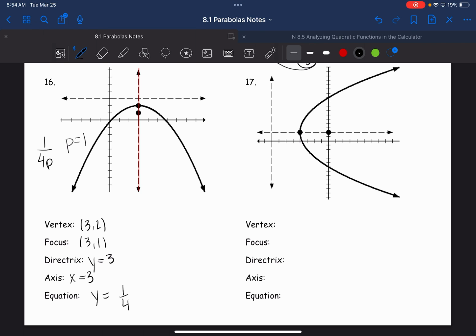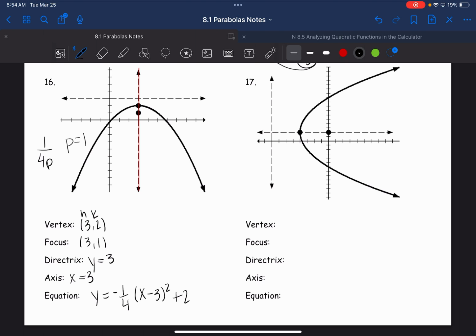Has it been reflected? Yes. So it would be a negative 1/4, right? And then I would have x with our h value in there, which was 3. So I'd put minus 3, quantity squared. And then I'm going to put my k value out there on the end. And remember, h and k comes from your vertex. Okay? All right, let's do another one.